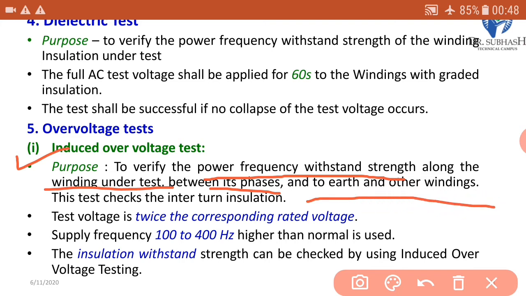This test checks the inter-turn insulation. Test voltage is twice the corresponding rated voltage. Supply frequency of 100 to 400 Hz, higher than normal, is used for this test. The insulation withstand strength can be checked by using induced overvoltage testing.